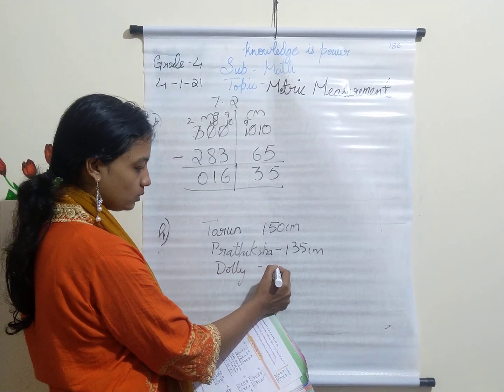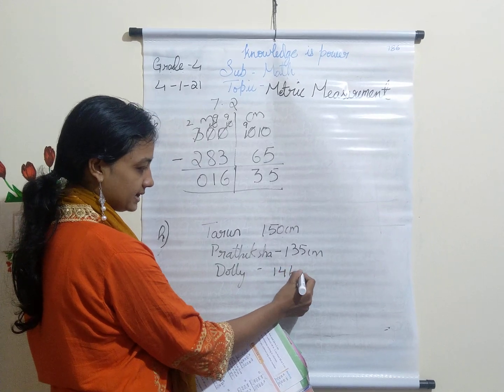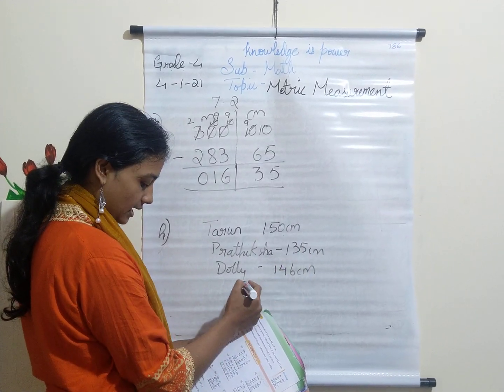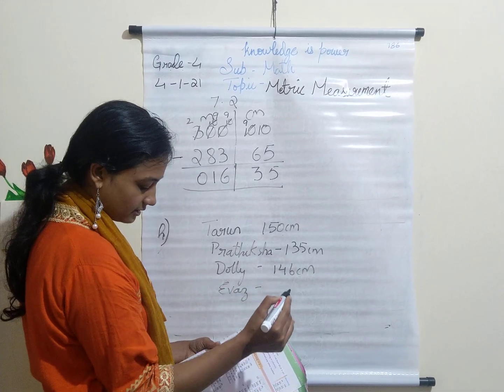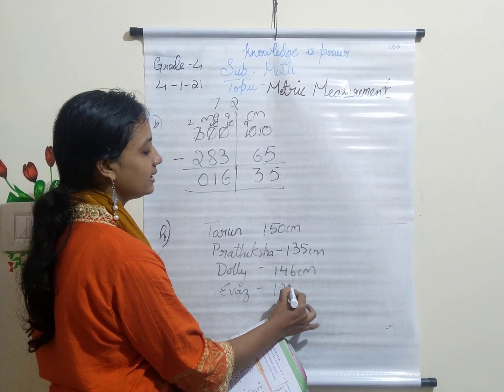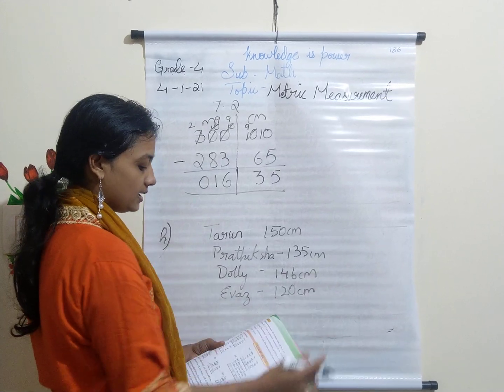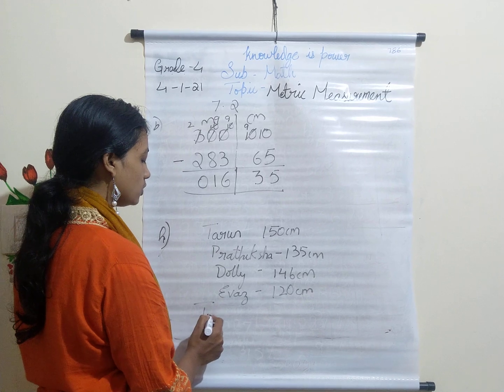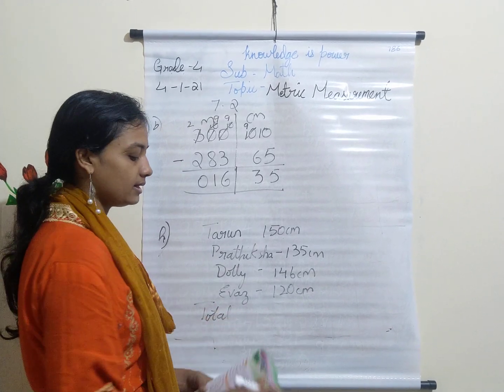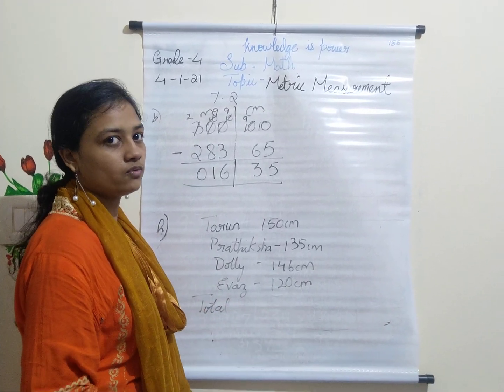Dolly's height is 146 centimeter. And Avis's is 120 centimeter. And they have asked us to find the total height. So totally how much do all measure? Total height of 4 students.